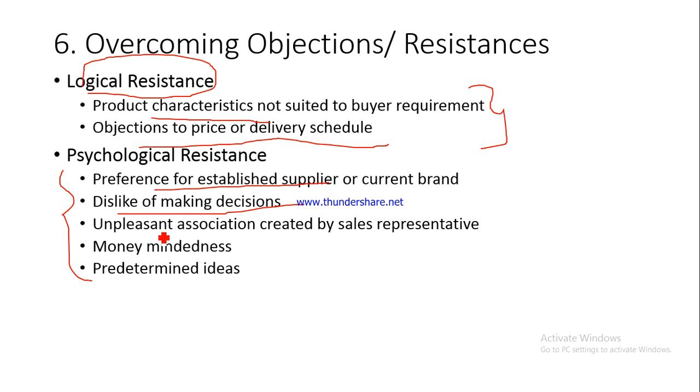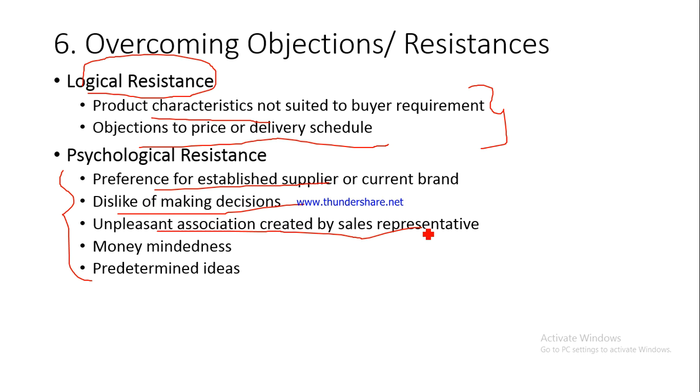Then it may so happen that the salesperson reminds him of something unpleasant. For example, the salesperson wears spectacles, goggles, and this buyer has been fooled by a salesperson earlier who also used to wear goggles. Now these goggles actually remind him of that particular salesperson who had duped him.